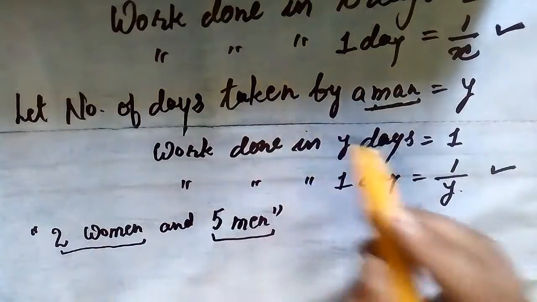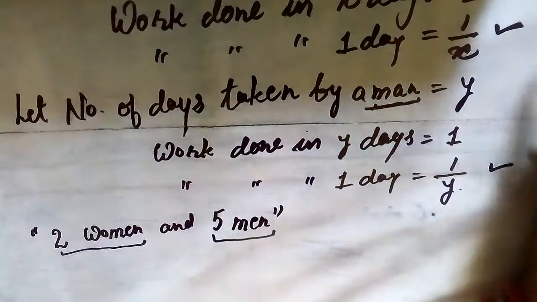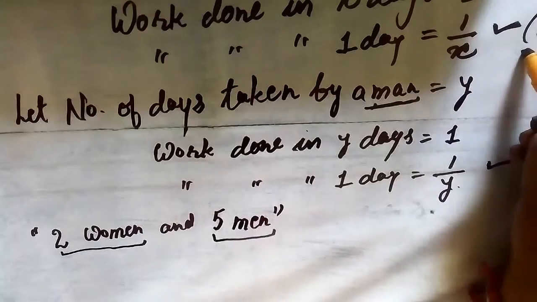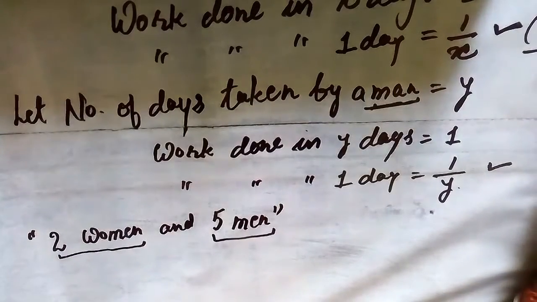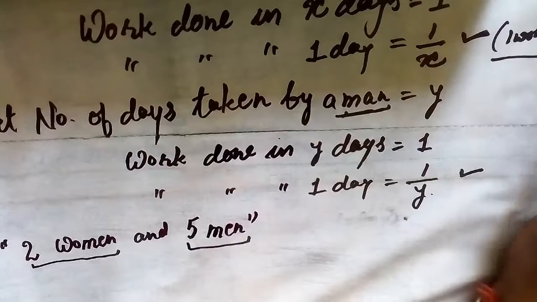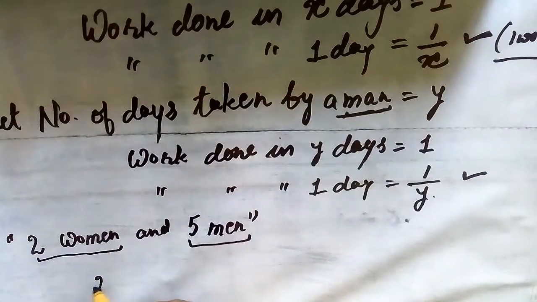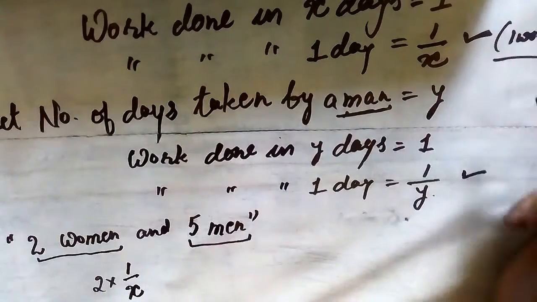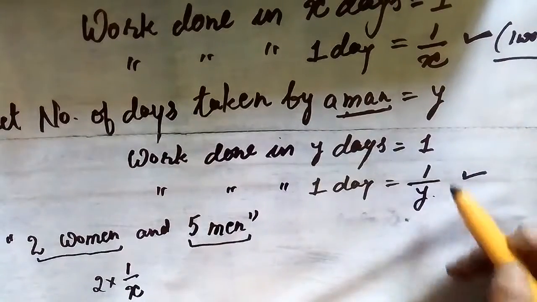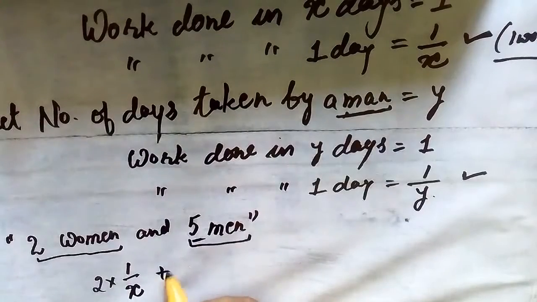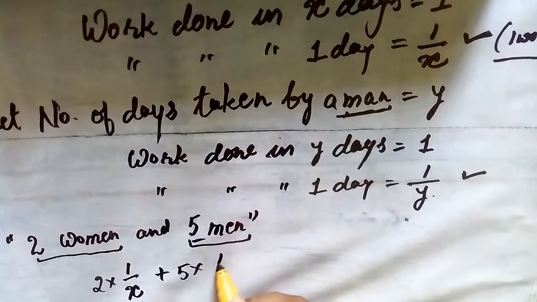The first condition is that two women and five men can finish an embroidery work in 4 days. The work done by one woman is 1 upon x, so the work done by two women will be 2 multiplied by 1 upon x. Similarly, the work done by one man alone is 1 upon y, so the work done by 5 men will be 5 multiplied by 1 upon y.